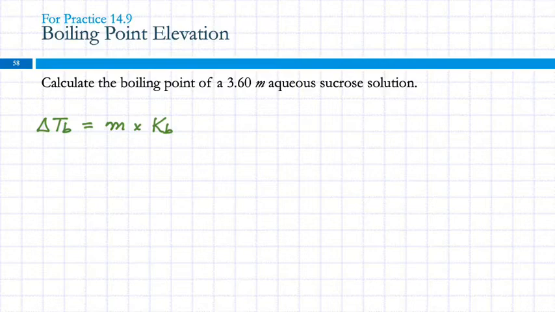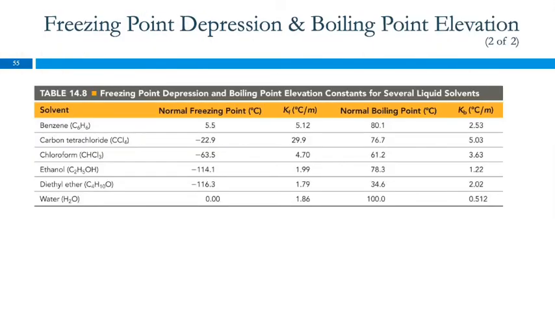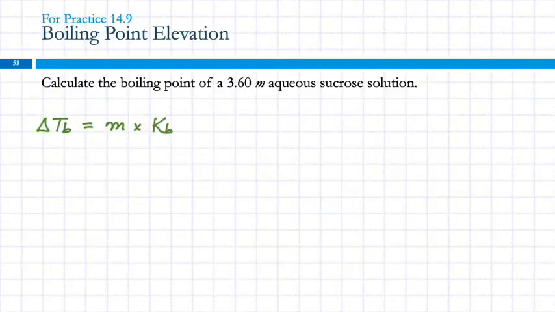I don't remember what that one was because I didn't really look at it when we had that slide. So let's go back here. For water, the boiling point elevation constant is 0.512. So Kb equals 0.512 degrees Celsius per molal.